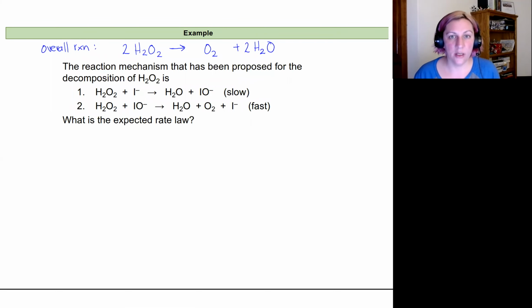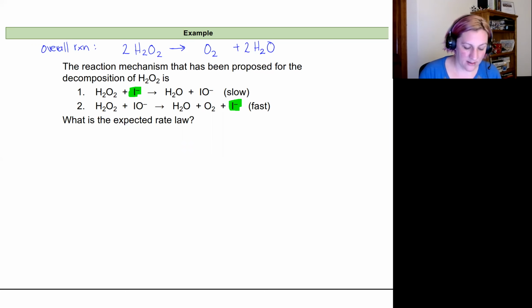So we have the overall reaction here of hydrogen peroxide decomposing. Two hydrogen peroxide molecules will become one oxygen and two water molecules. And there is a proposed mechanism here for this decomposition. This is the decomposition in the presence of a catalyst. And so here's where the catalyst is. It's something that is a reactant and a product, and it reforms.